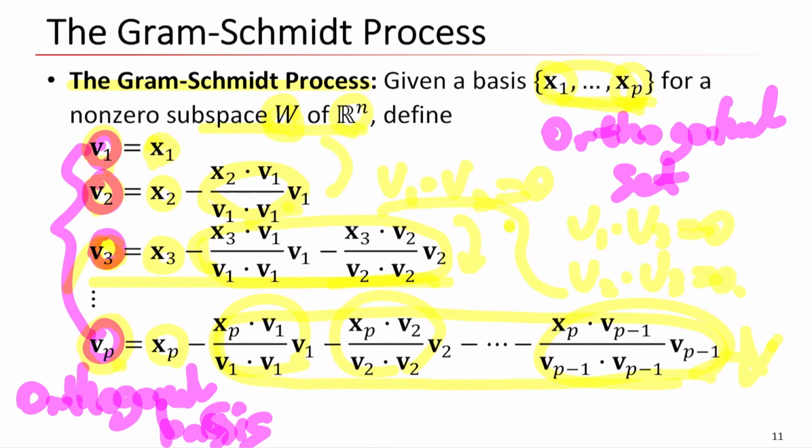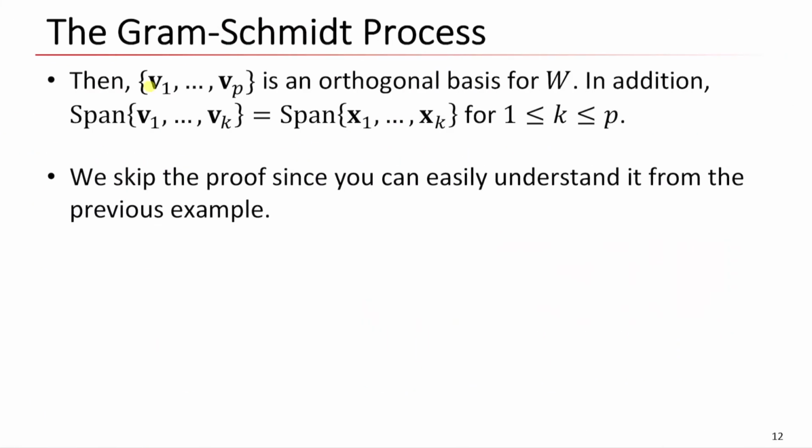So actually this is the Gram-Schmidt process. So by using this process, we can find v1, v2, v3 through vp here. Then v1 through vp is an orthogonal basis for W, right? Because they are bases and they are orthogonal to each other, right?